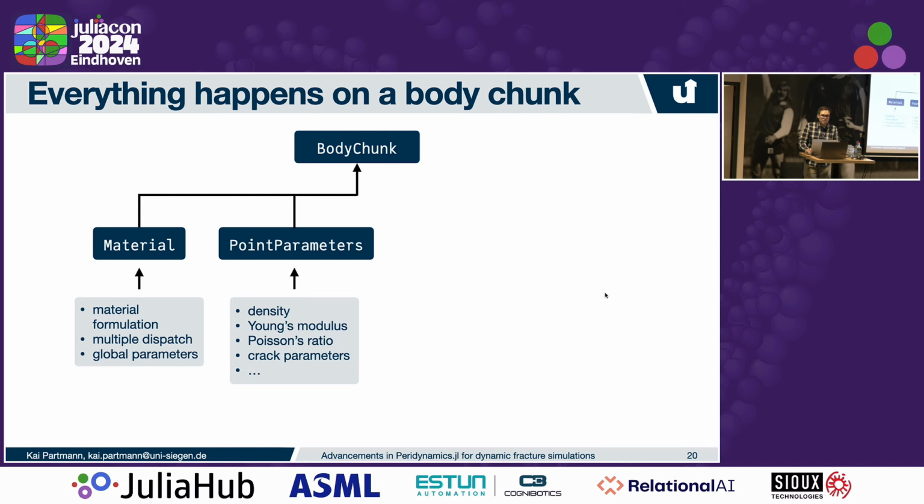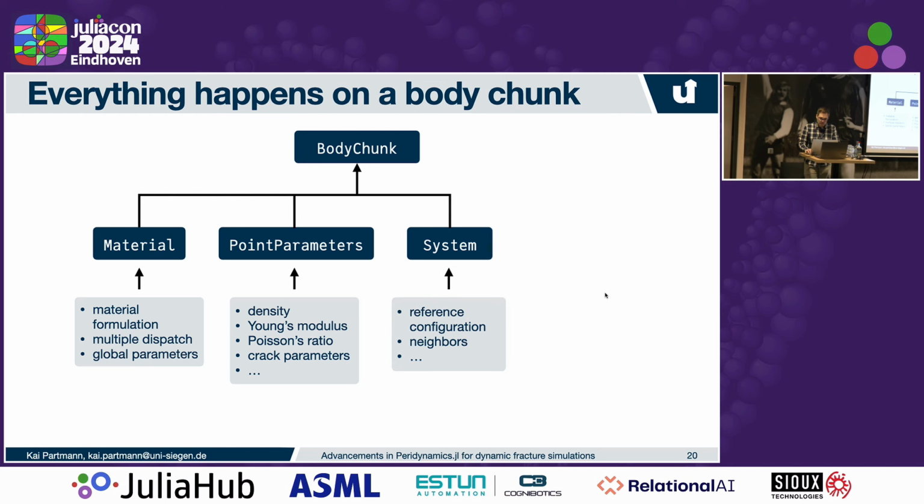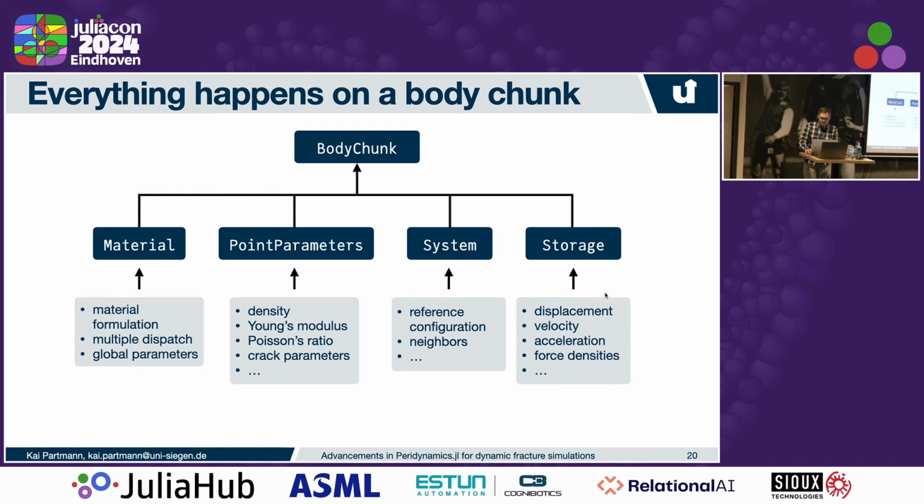Then the point parameters, like the density, Young's modulus, Poisson's ratio, and other material parameters that can differ for each point. And then a system with all reference configuration information, the neighbor information, and a storage, which is everything that will change during the simulation: displacement, velocity, acceleration, and so on.